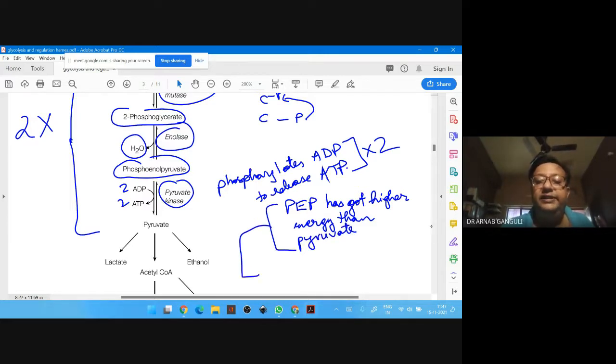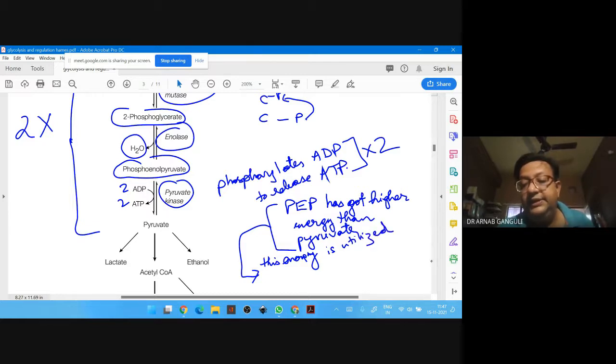So this extra energy is utilized and ADP is converted to ATP.